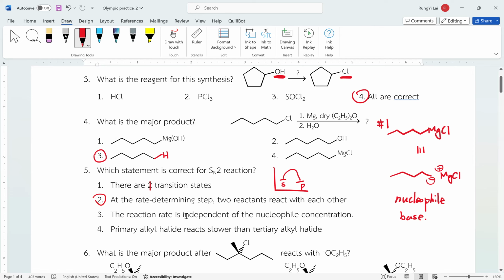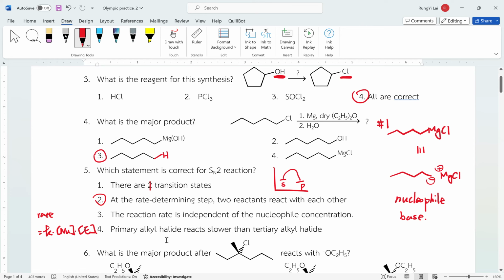The choice that the reaction rate is independent of nucleophile concentration is wrong, because this description is for SN1. For the SN2 reaction, your rate is equal to the rate constant times nucleophile times electrophile concentration. So it's first order for both. That's why it should be dependent instead of independent.